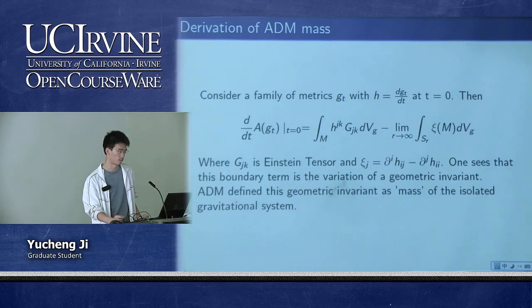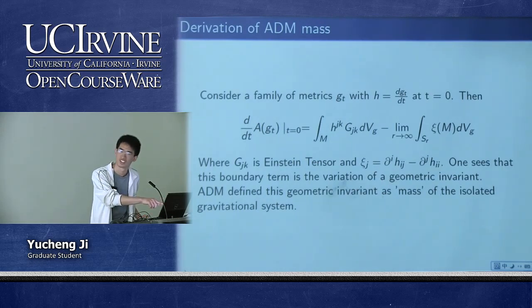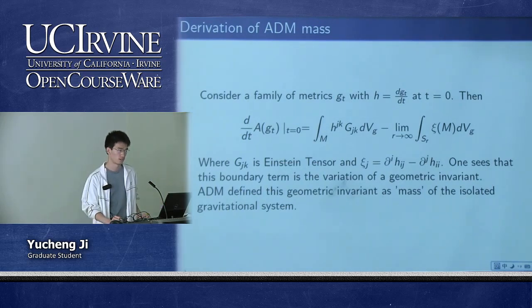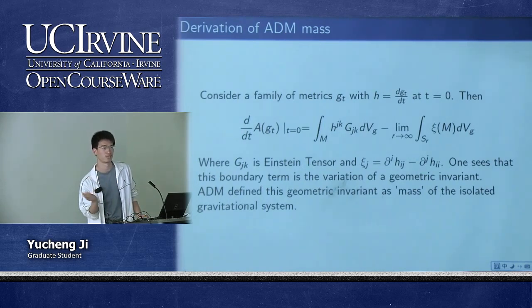G_ij is the Einstein tensor, and this Greek letter is xi. Here t is not a coordinate time, it is a parameter. It's a Hamiltonian viewpoint, so we have already split the spacetime and you don't have a time. That's the Hamiltonian time.